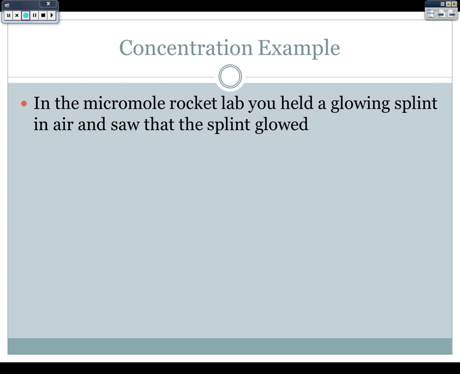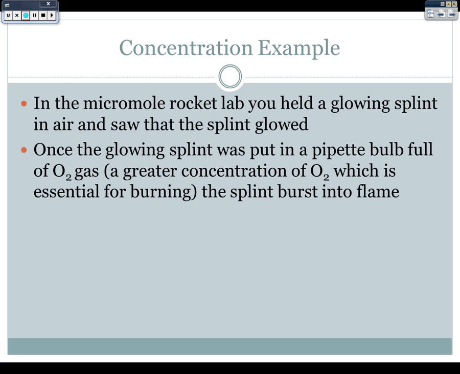So here's an example. In the micromole rocket lab, you held a glowing splint in air and saw that it glowed, right? Okay, a glowing splint will glow in air. Once the glowing splint was put in a pipette bulb full of O2 gas, meaning that there's now a greater concentration of O2 gas, which is an essential component of burning, the splint burst into flame.